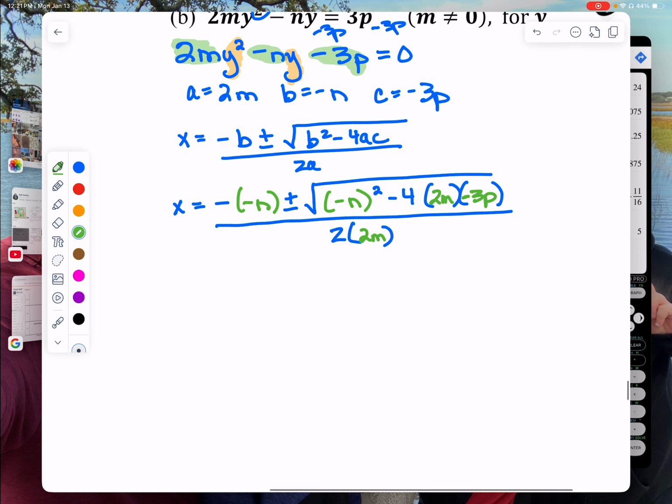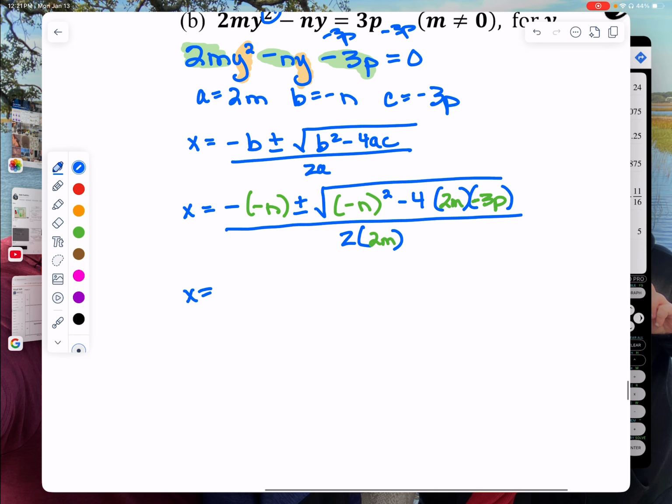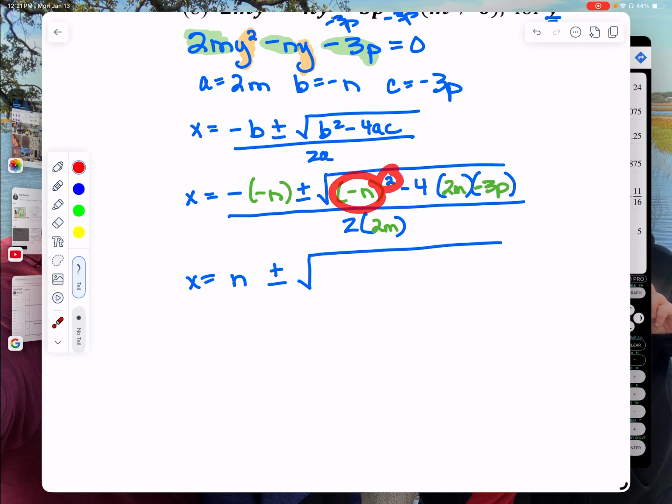And now we're just going to try and simplify, okay? So let's simplify. I've got x equals, my two negatives give me a positive n, plus or minus the square root of negative n squared. Okay, so that negative n squared is just going to be n squared. The two negatives will turn into a positive. Now let's just look at my regular old numbers here. Look at the 4, the 2, and the 3.